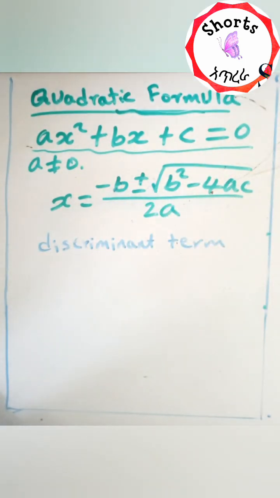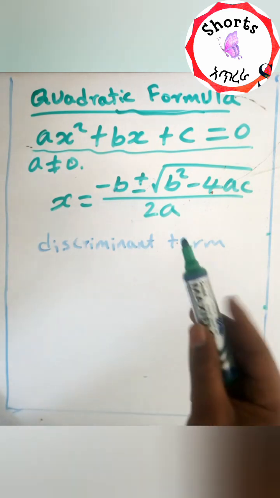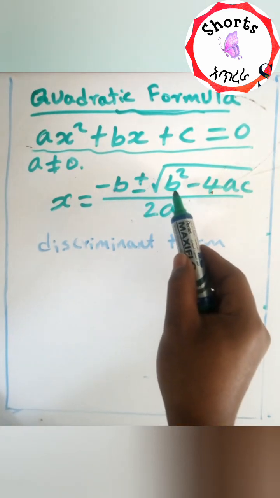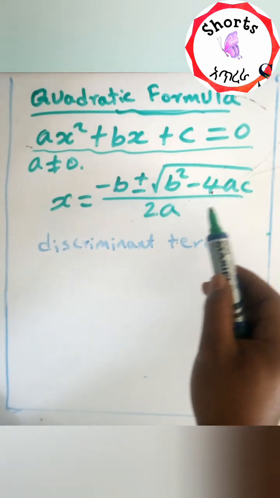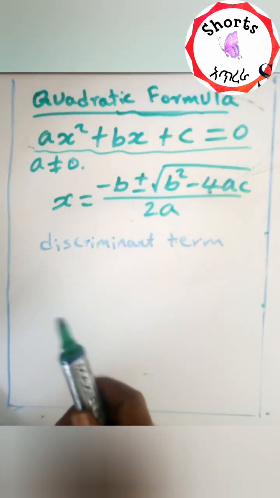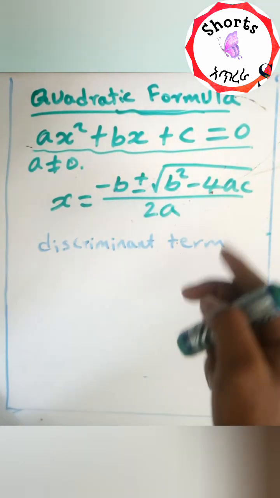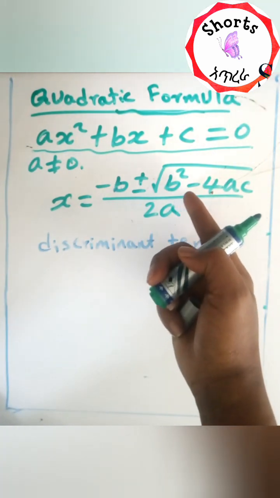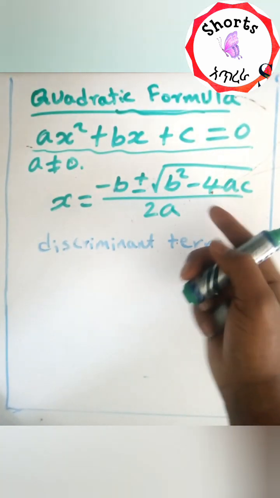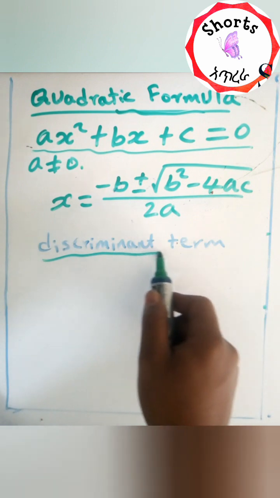Now, the number of solutions for the quadratic equation depends on the sign of b square minus 4ac. This term is called the discriminant term.